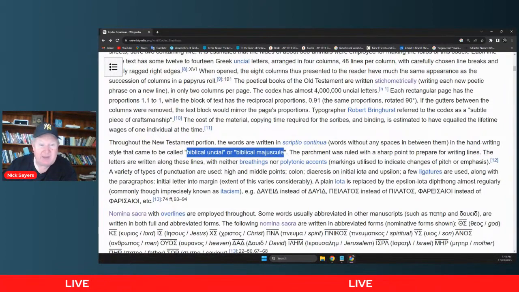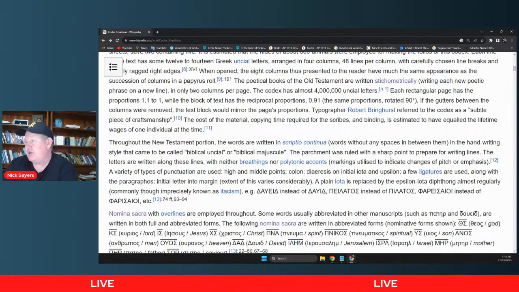As we looked at the uppercase and the lowercase, these are uppercase letters. The parchment was ruled with a sharp point to prepare for writing lines. The letters are written along these lines with neither breathing nor polytonic accents. So these are markings utilized to indicate changes of pitch or emphasis.